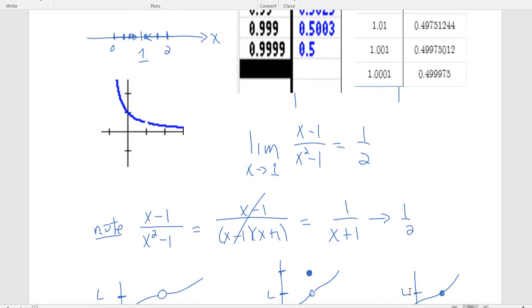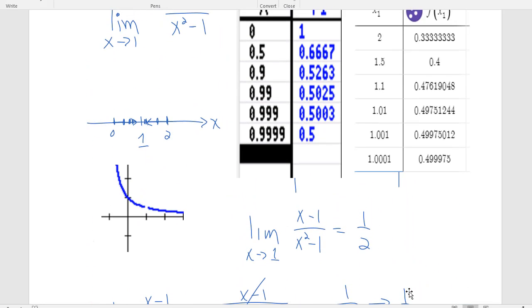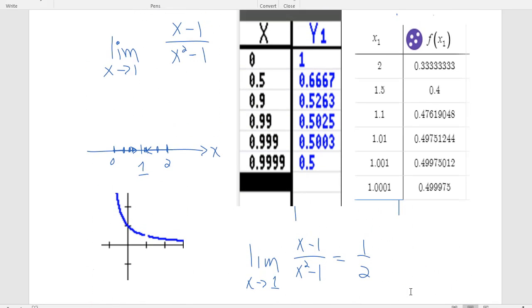All right, now the other thing that we introduced in our example that we looked at is what we call a one-sided limit. So we can see that numerically. We talked about when we approached 1 in this example, we could approach 1 from the left, we could approach 1 from the right. Numerically, we saw what that looked like for that specific example. We approached 1 from the left, we saw the y values getting closer to 1/2.